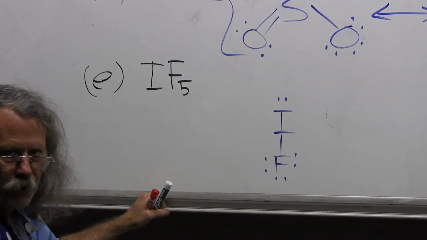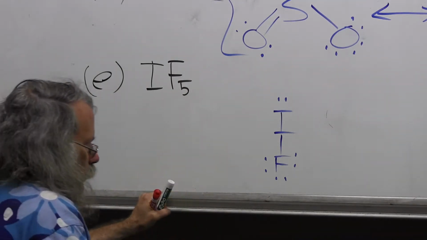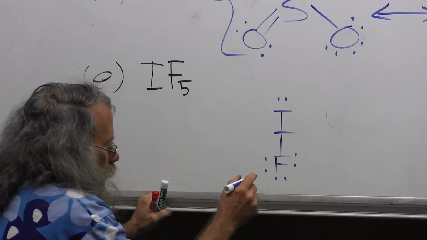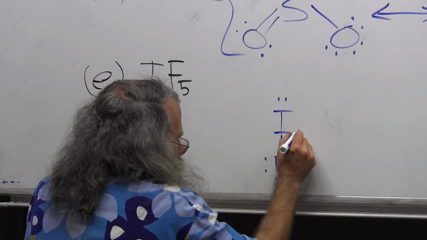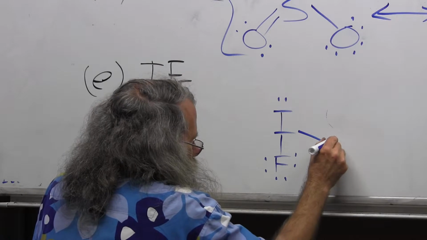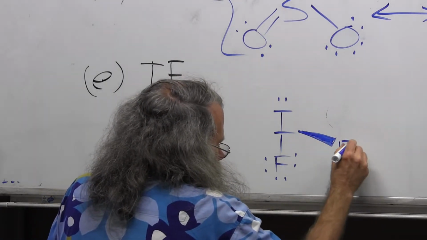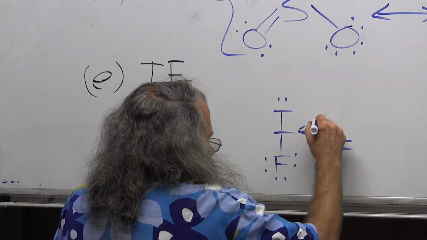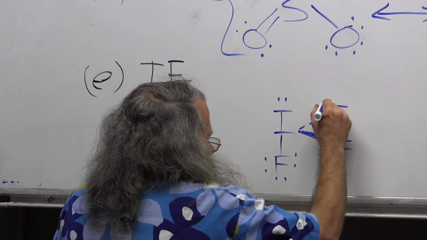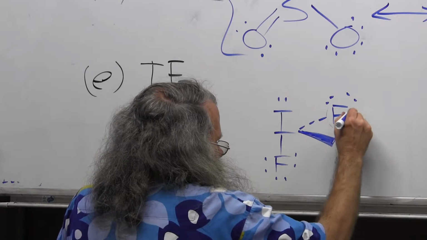I'll put a fluorine atom with all of its lone pair electrons. And now I'll draw in the remaining octahedral sites, what would now be an equatorial plane, the remaining fluorine atoms, and their lone pairs.